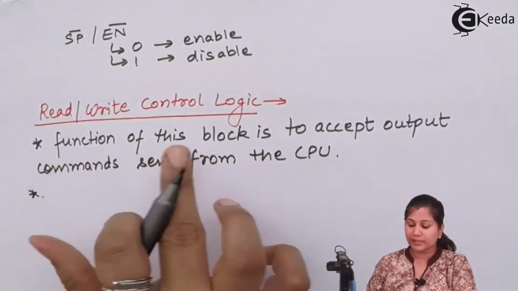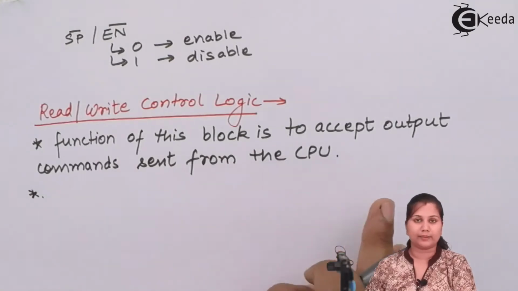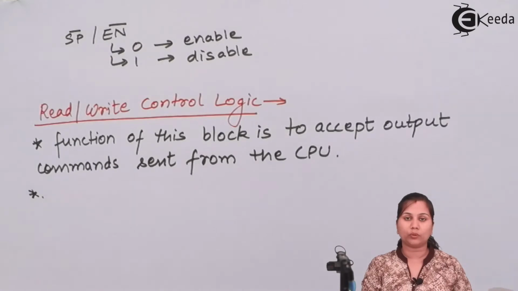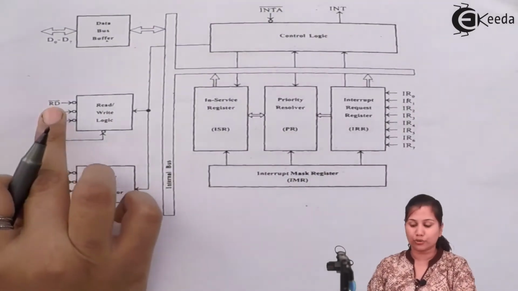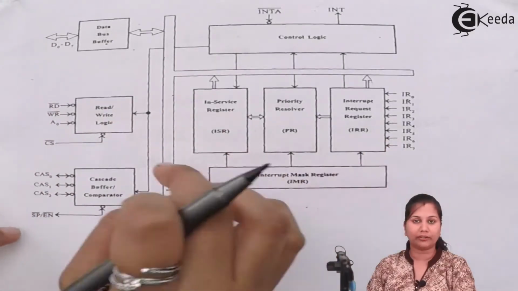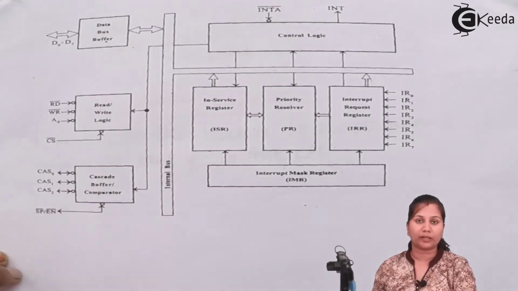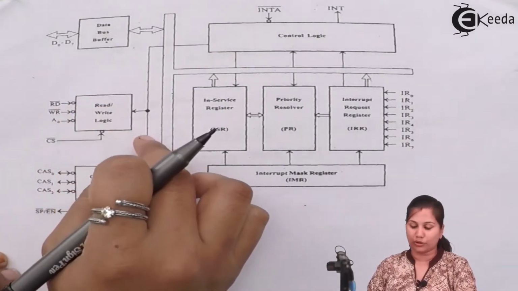Now the function of this block is to accept the output commands sent from the CPU, because this block has both the read and write signals. The read signal is used to read the status of the interrupt requests.